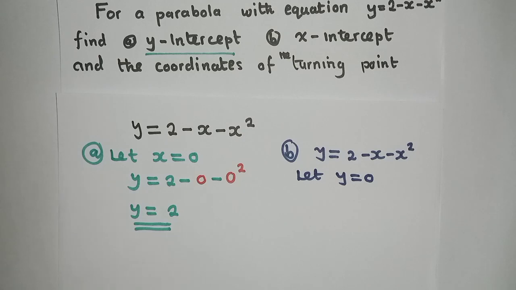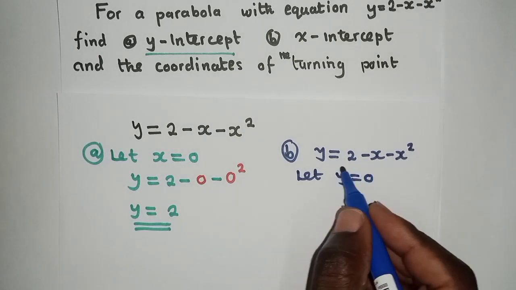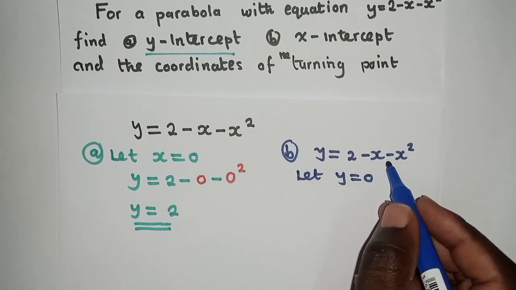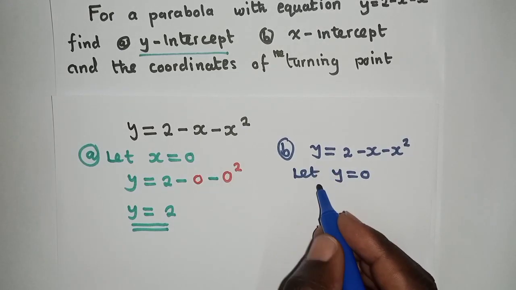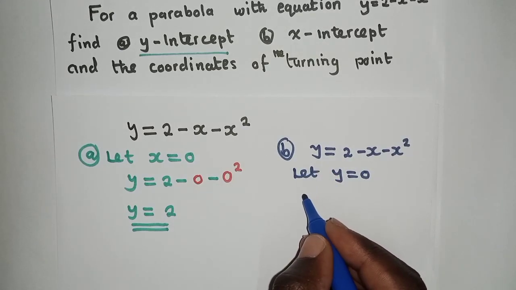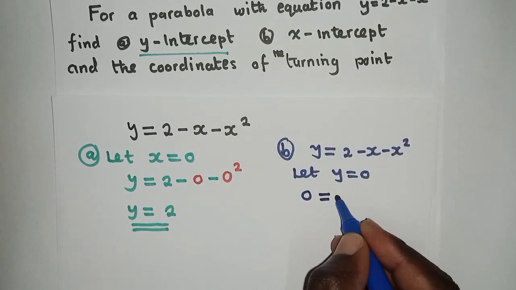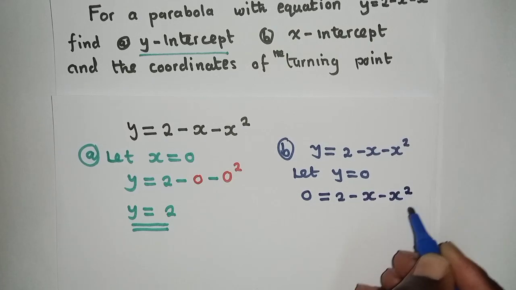The reason why we are letting y equal to 0 is because we want to find at which point this function is cutting the x-axis. So for the y-axis will be equal to 0. So we can say 0, we put a 0 here, is equal to 2 minus x squared.